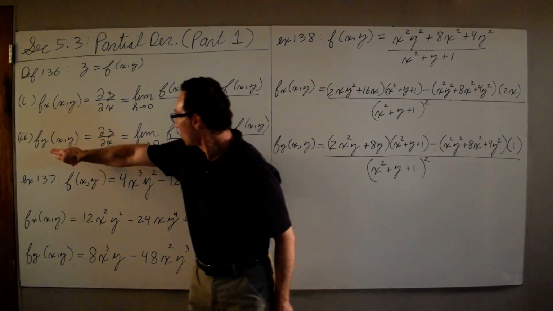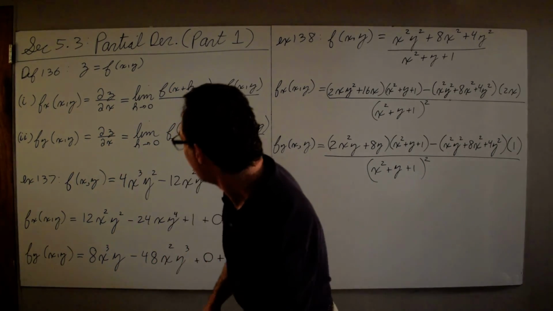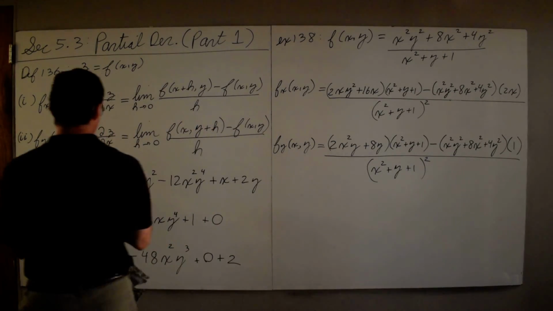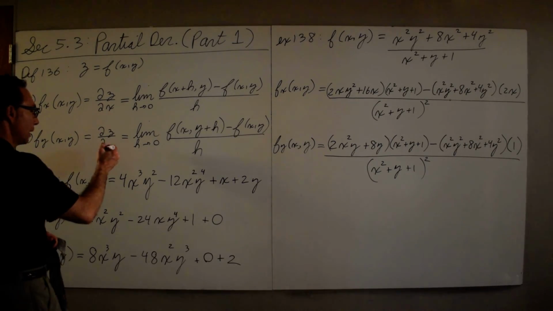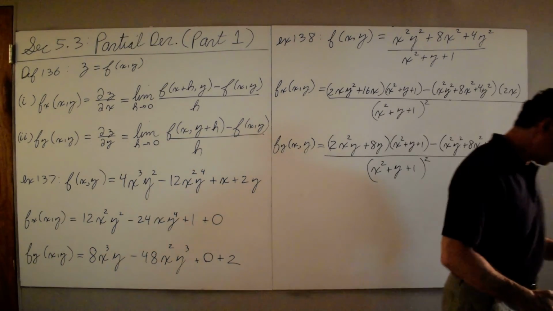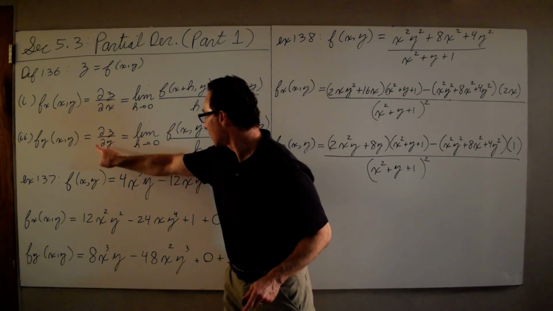And the partial derivative with respect to y, again, I have a typo there. Oops. So this should be partial with respect to y, not x. So again, I hope you're actually going to watch the whole video and not just the first frame, because there was a typo here.